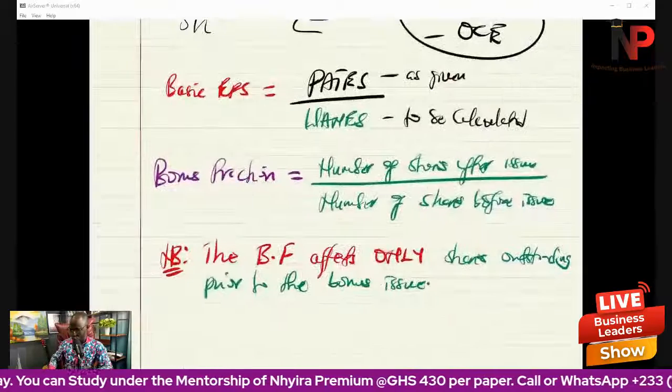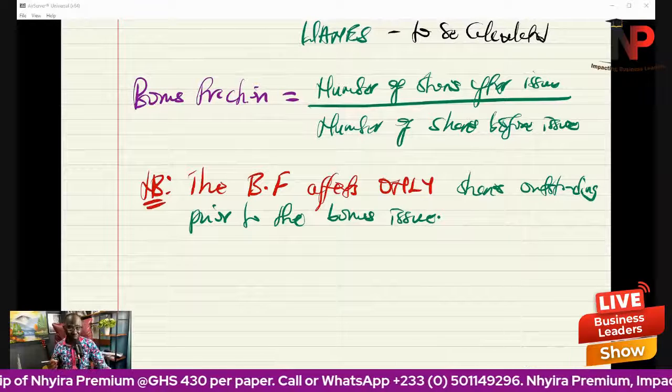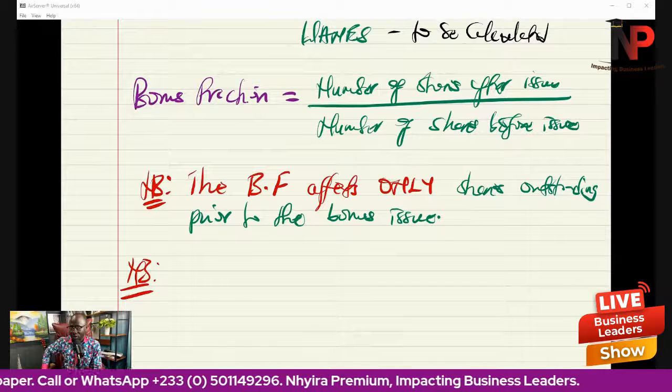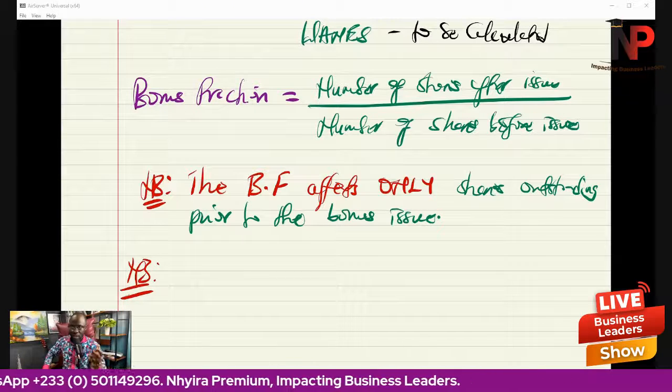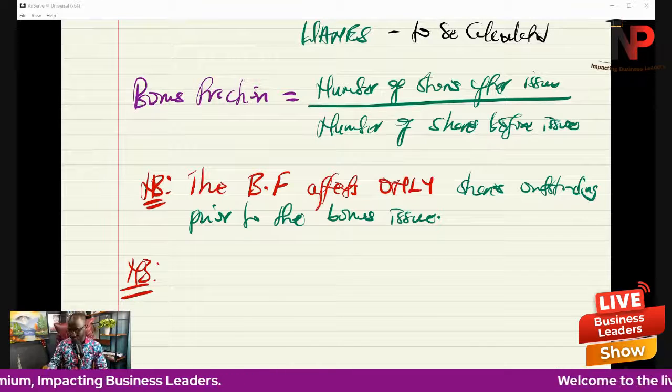Note that usually, if the bonus issue occurs at the beginning of the year, then our weighted average number of equity shares would just be the number of shares outstanding plus the bonus issue of shares.